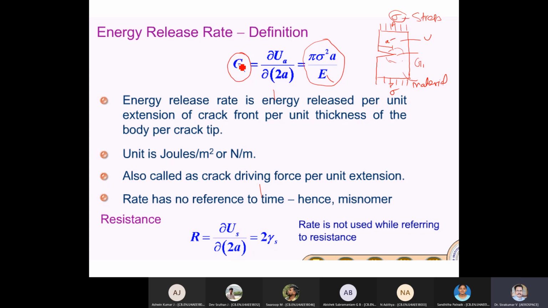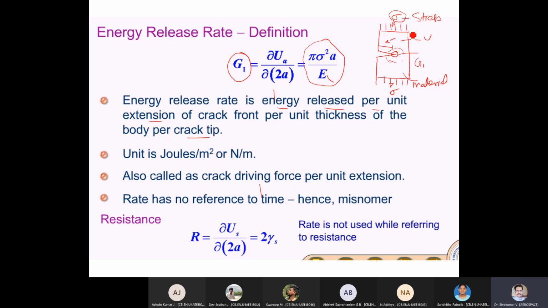The G is the energy release rate, because you know the definition of what exactly the rate means. Energy release rate is nothing but the energy released per unit extension of crack front, per unit thickness of the body, per crack tip.